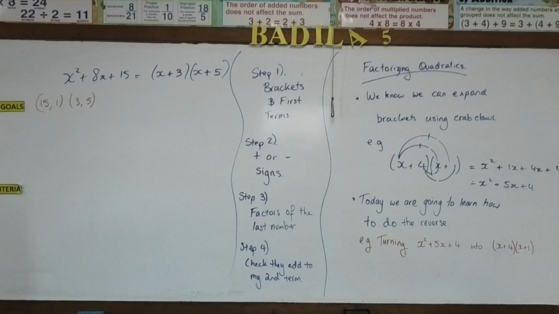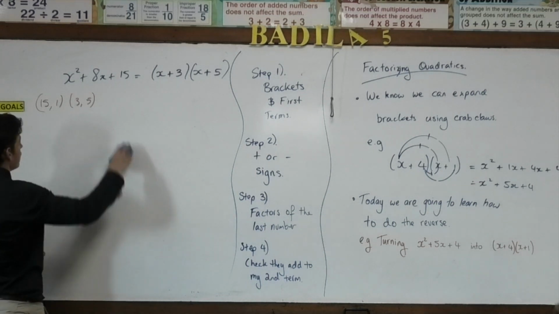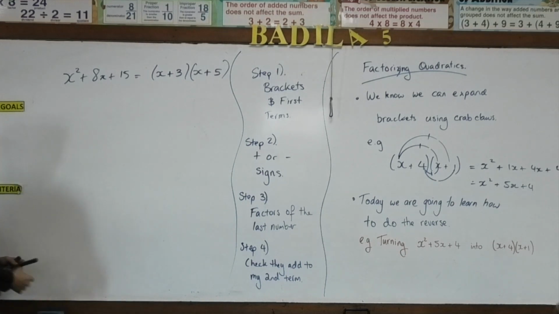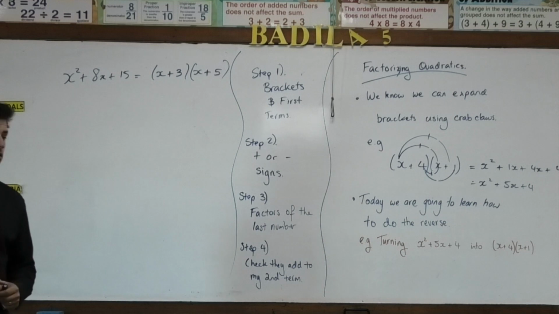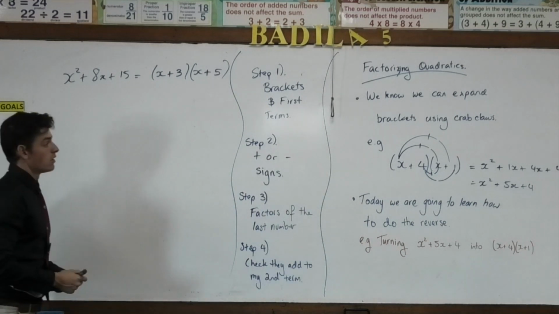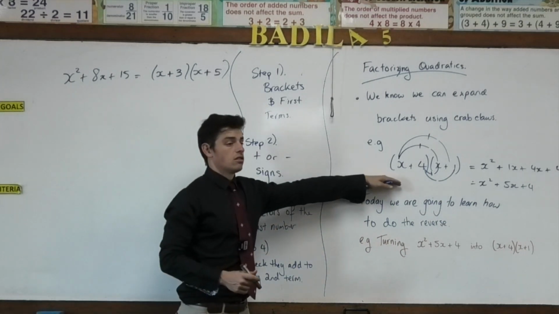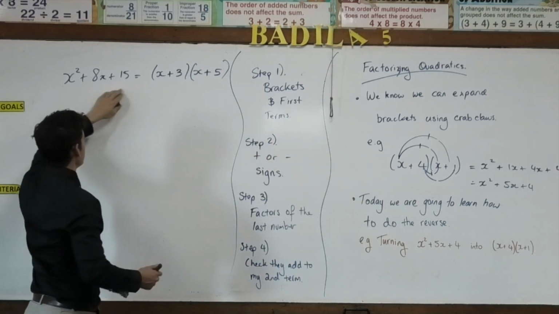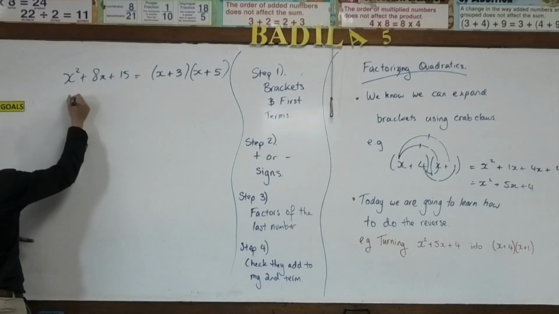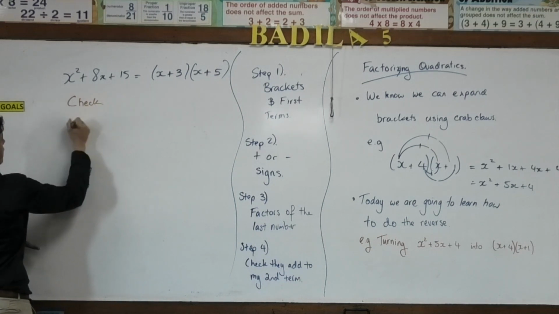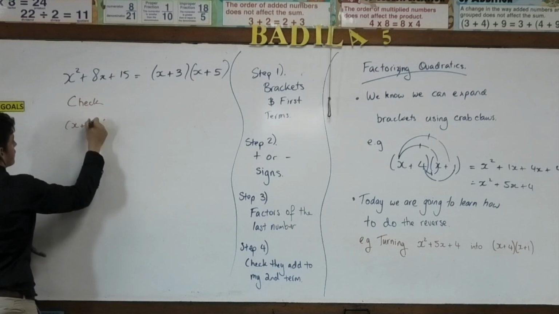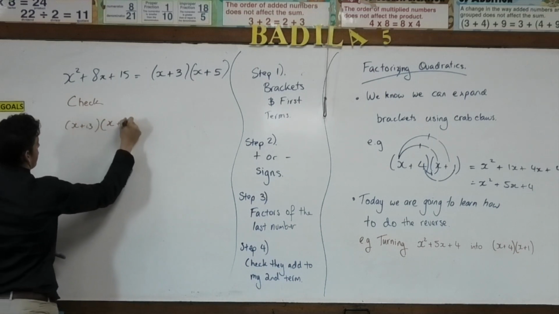Now, how could I check that this is the right answer? Because I haven't mastered graphing and I can't use all those wonderful skills that I've got. How could I check that this is the right value? We're doing the reverse of this, aren't we? So if I expand these brackets, what should I see? I should get that. So let's check. x plus 3, x plus 5.